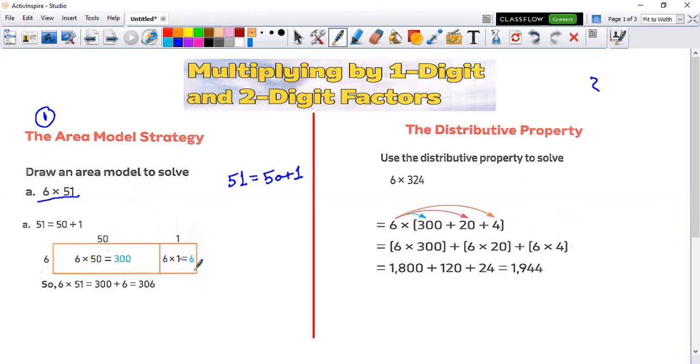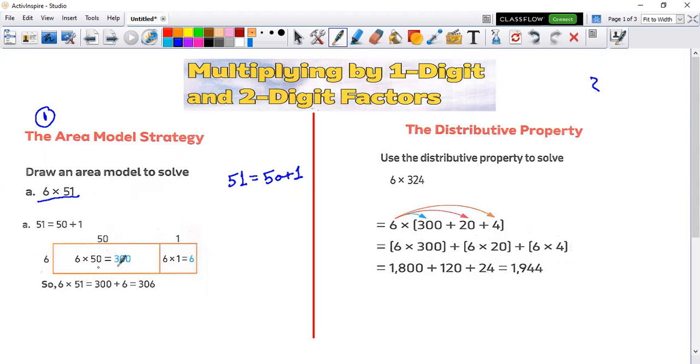This is one rectangle, and I divided it into two rectangles, 50 times 6 and 1 times 6, or 6 times 50 and 6 times 1.